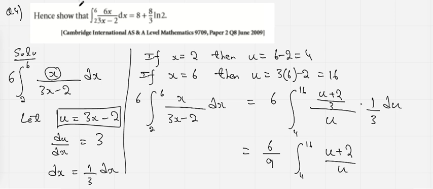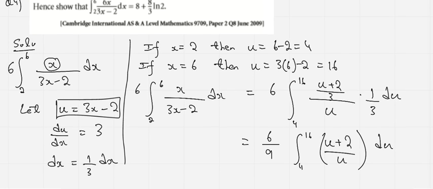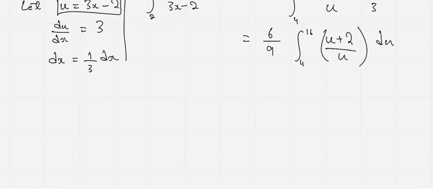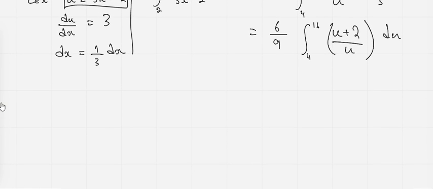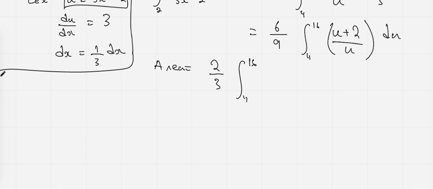Now I can apply my back substitution. I will individually divide both the numerator terms by my denominator u, and I'm going to get a simplified integrand, and then the job will get easier. So the area is equal to 2 by 3 times the integral going from 4 to 16 of u upon u plus 2 by u du.